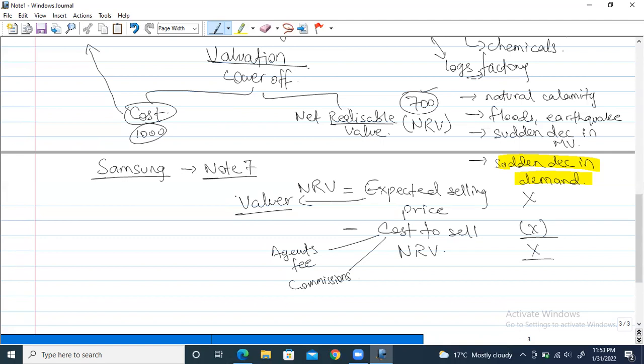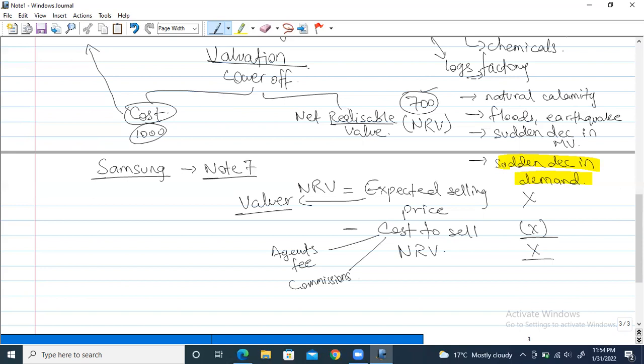If we ask someone, Mr. Valuer, how much would you expect this thing would be sold for, he first will analyze the product, right? He'll see what kind of damage has actually happened, and after that he would give the expected selling price. It would be basically a range, like between $50 and $100, that it might be sold at in the market. Okay, so basically the NRV formula over here is expected selling price minus the cost to sell. This will give us the NRV, net realizable value.